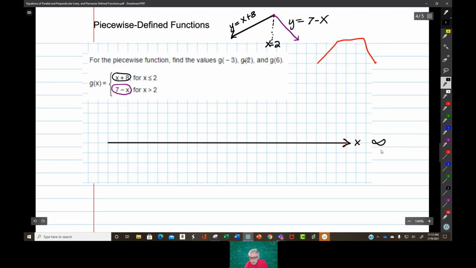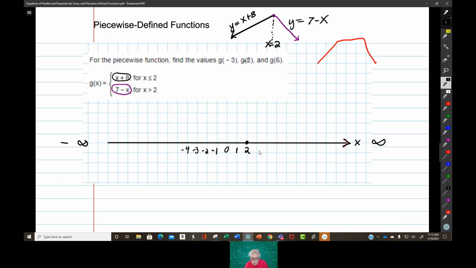And you go out to infinity here, and you go out to negative infinity here. And we have to decide, well, where is x equals 2? Let's let it be here. Then what do we have? We have 1 and 0 and negative 1 and negative 2 and negative 3 and negative 4 and so on.